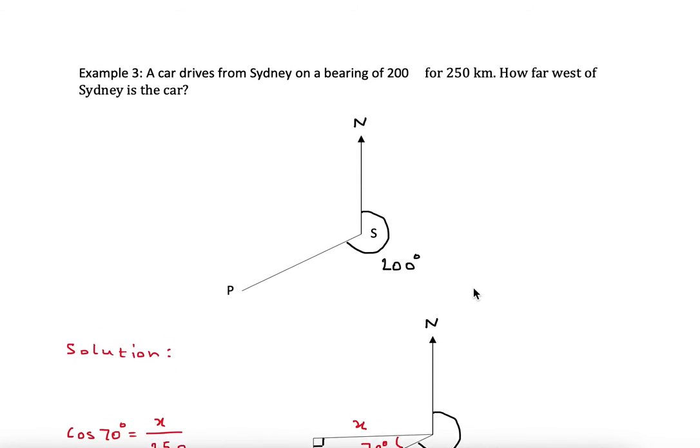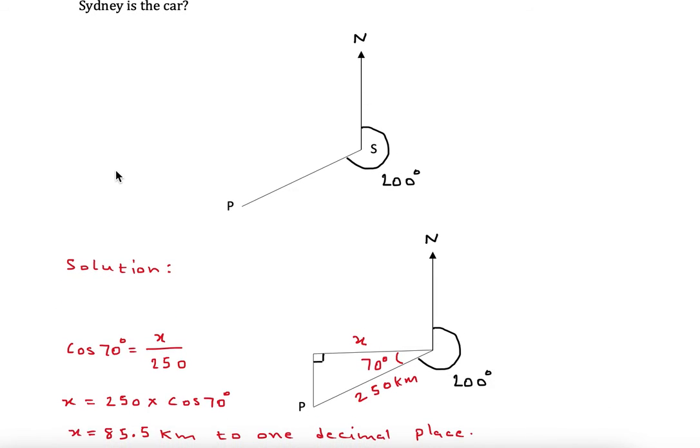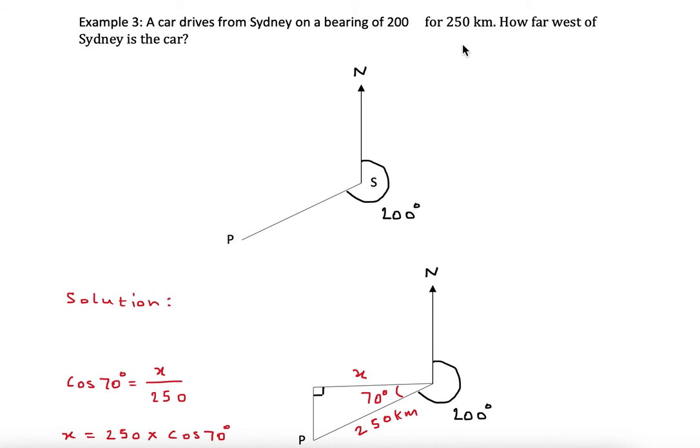Now we can use this in combination with trigonometry. This example looks at that. A car drives from Sydney on a bearing of 200 degrees for 250 kilometers. How far west of Sydney is the car? Alright, so this is Sydney, we've shown with S, and the car has been driving on a bearing of 200 degrees.